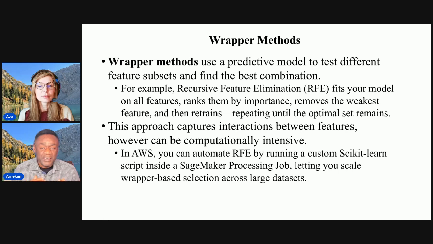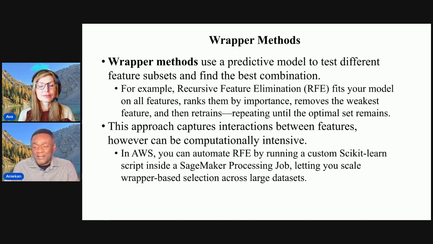It works by training a model with all the features, ranking those features by importance, removing the least important feature, and then repeating this until we have the desired number of features. While this method is very thorough and can find important relationships between features, it takes time and computation cycles to run. However, the good news is that if you're using AWS, you can leverage, guess what? SageMaker. Exactly, to automate this process and handle large amounts of data efficiently.